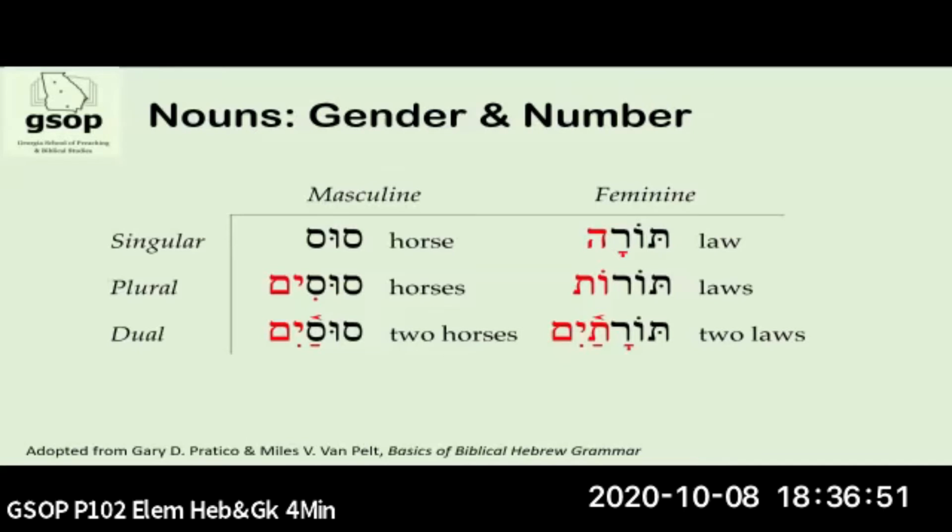That's just to help the pronunciation. Anyway, I can't really explain why; I'm not that well versed in it. So this Torah becomes torot for plural, and for dual, that is two laws, it becomes toratayim. So hopefully it's starting to make a little bit of sense.